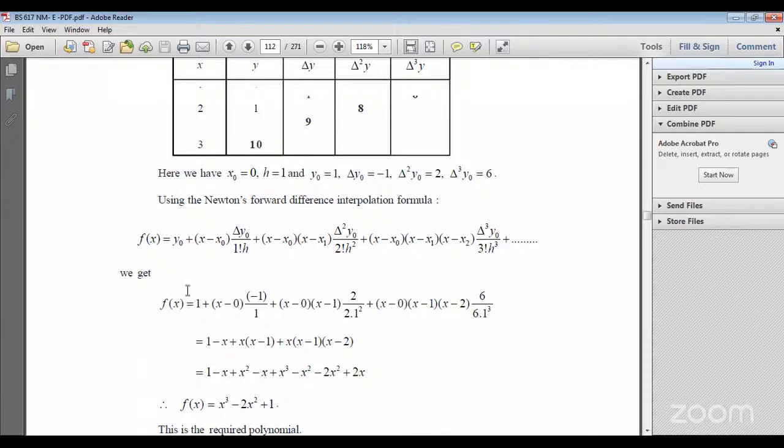y naught plus x minus x naught, del y naught by 1 factorial, x minus x naught, x minus x1, del square y naught by 2 factorial, x minus x naught, x minus x1, x minus x2, del cube y naught by 3 factorial h cube.